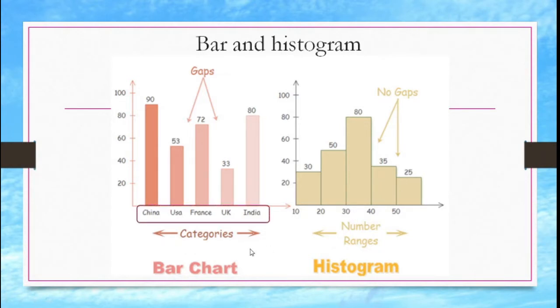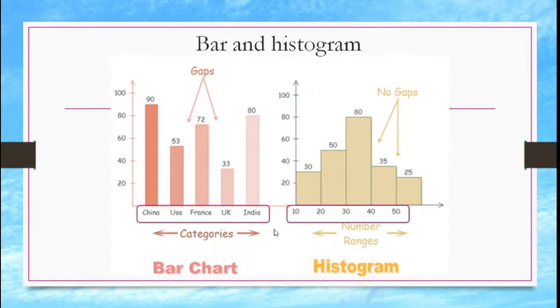The difference number 2, you can see categories. Here you can define alphabetical and numerical categories, but a histogram will not take any alphabetical category. It will take a numerical range only.